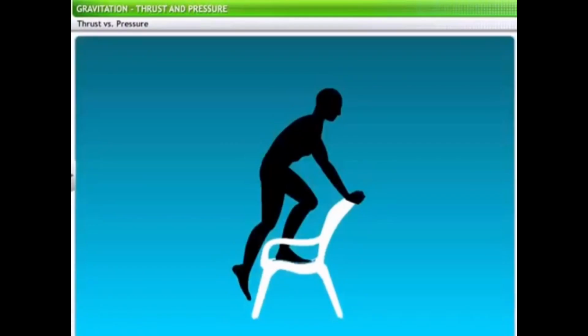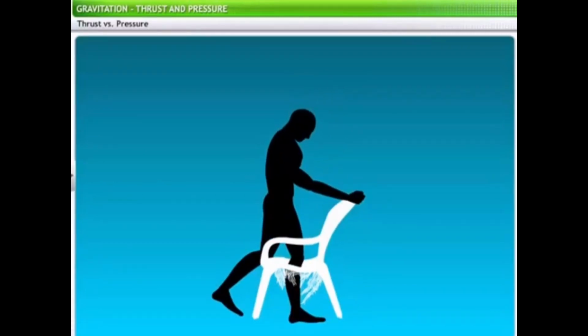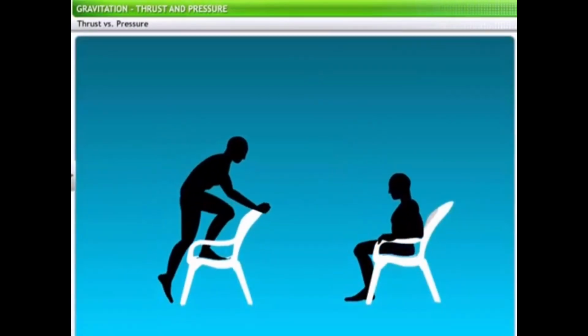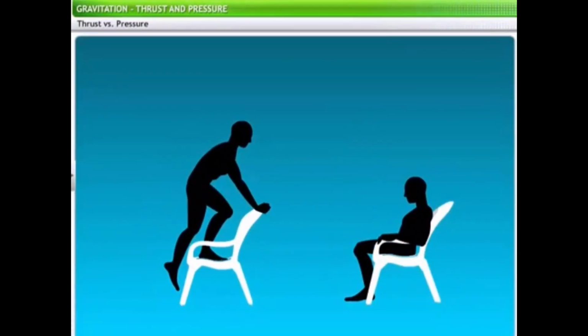This is because when you stand on the chair, the area of contact becomes much smaller, and the pressure on the wire crosses the safety limit. In both cases, the weight of the man, that is the downward force acting on the chair, is the same. However, the area on which it is acting has changed, leading to a change in pressure exerted on the seat of the chair.